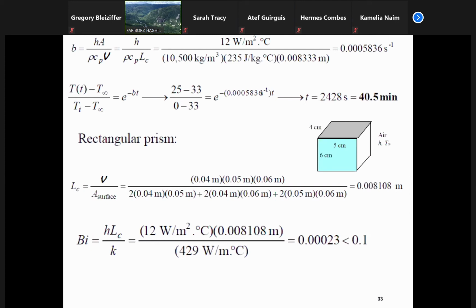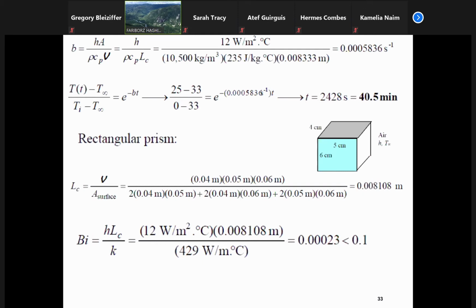There is no traffic, you can go fast, okay? That's the same scenario. You have two resistances, one convective outside and one conduction inside. The conduction is controlling how much energy reaches the surface. When it reaches the surface of this cube, the temperature is the same everywhere because it's a very highly conductive material, okay? The conductivity is very high.